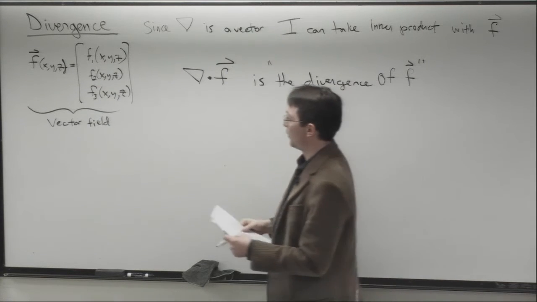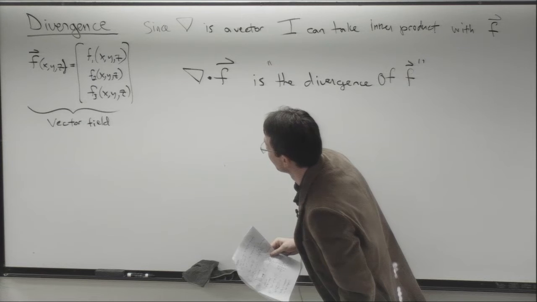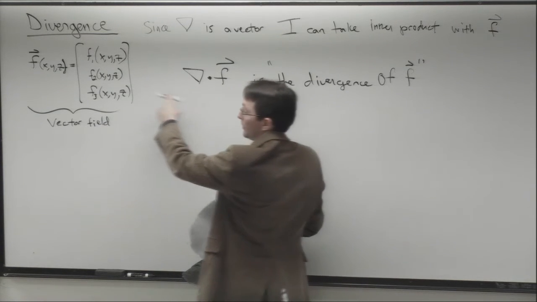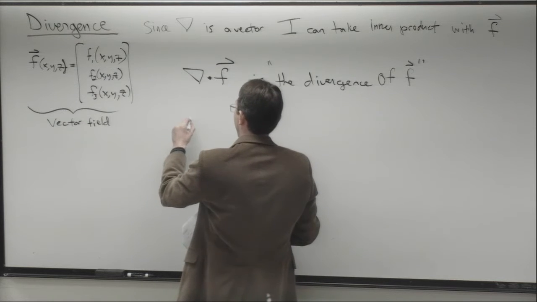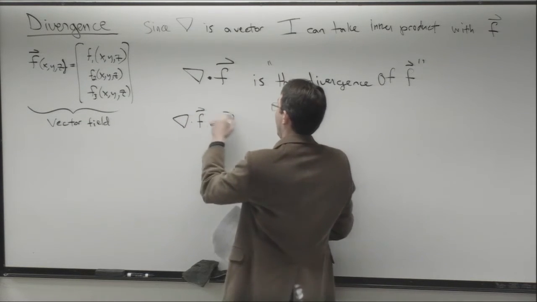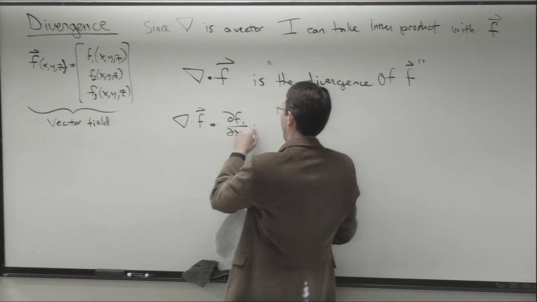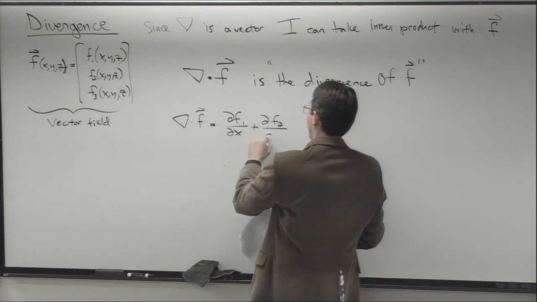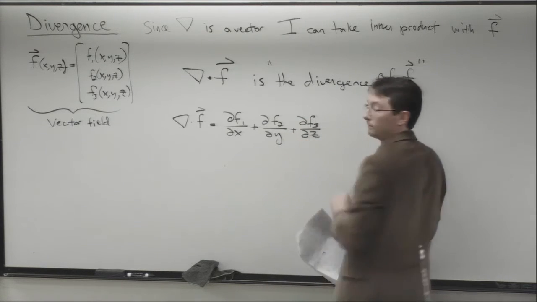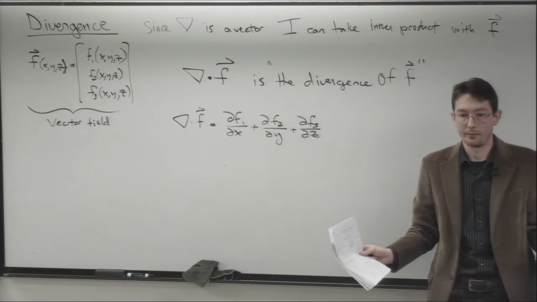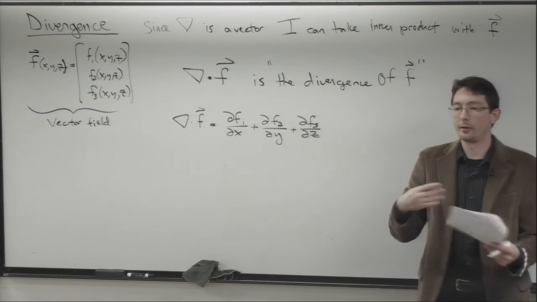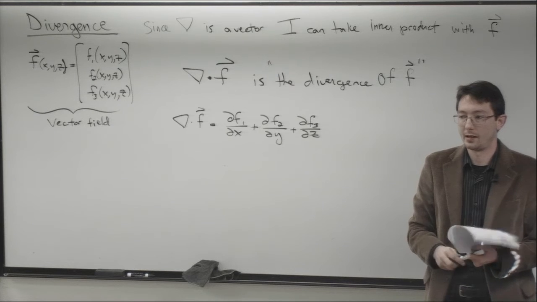Okay, so what this looks like, if I take the dot product of my vector of partials with this f, I just get del dot f equals partial f1 partial x plus partial f2 partial y plus partial f3 partial z, just a number. Okay. Now, what does this intuitively or physically mean, this divergence?